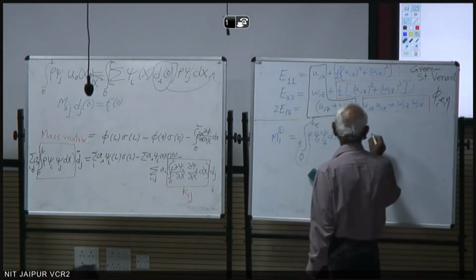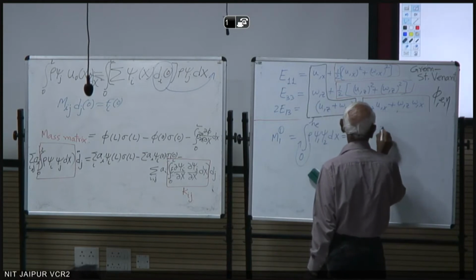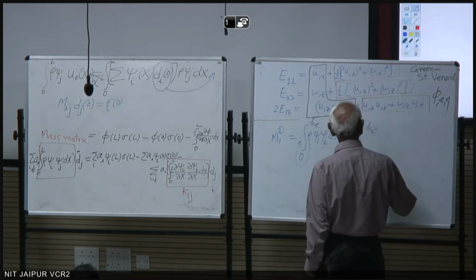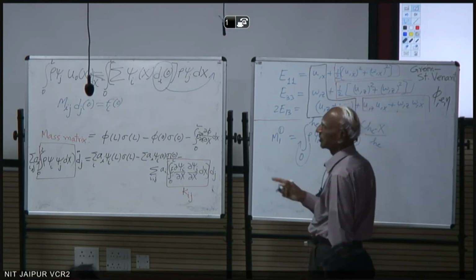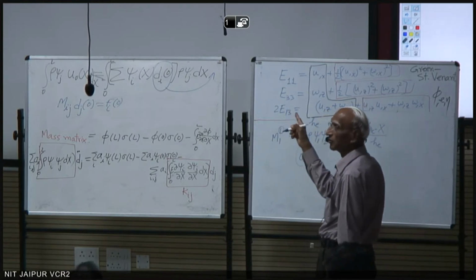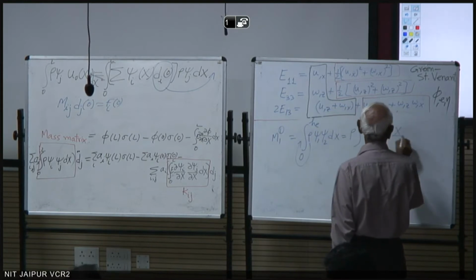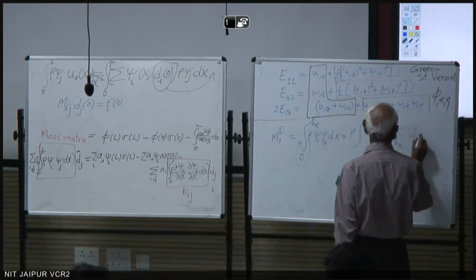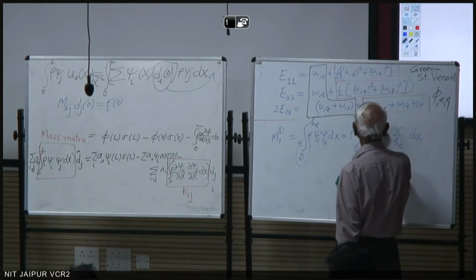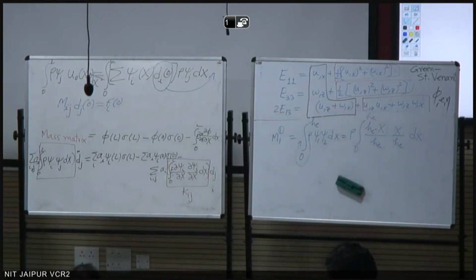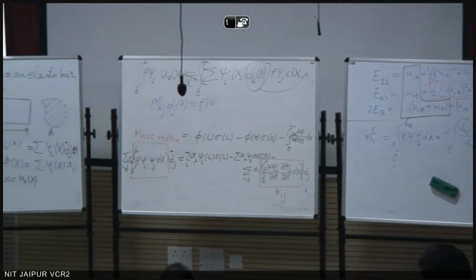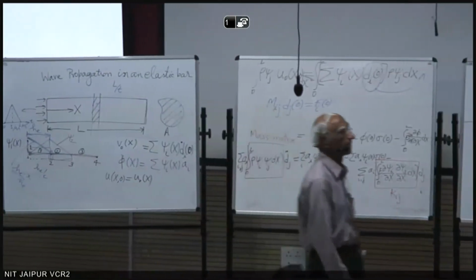This one was HE minus X over HE. And the other one goes from 0 to 1, so that's X over HE. Let me pick up the red pen.